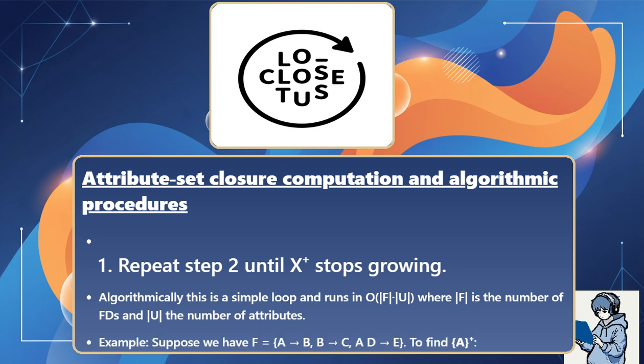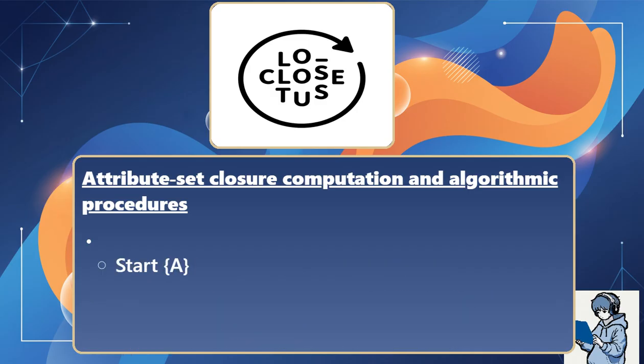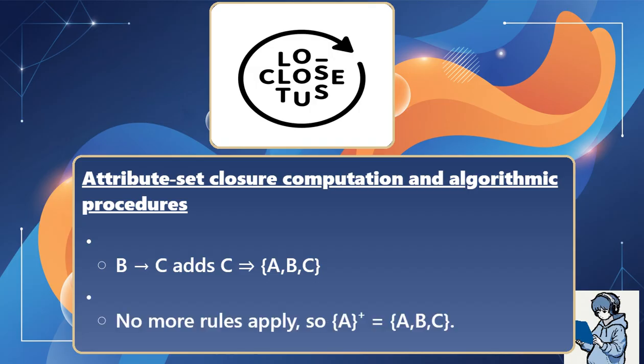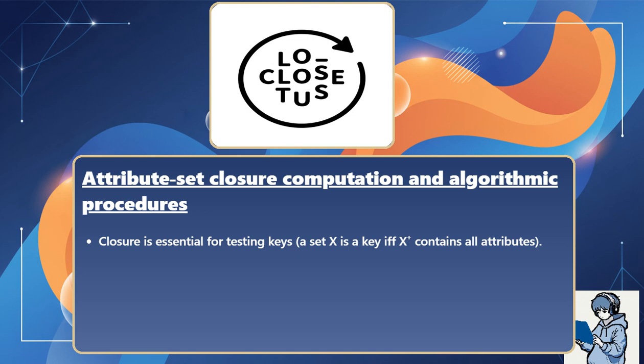Example: suppose we have F equals the set containing A determines B, B determines C, and A D determines E. To find A plus, start with the set containing A. A determines B, add B, resulting in the set containing A and B. B determines C, add C, resulting in the set containing A, B, and C. No more rules apply, so the closure of A, that is A plus, equals the set containing A, B, and C. Closure is essential for testing keys. A set X is a key if and only if X plus contains all attributes.